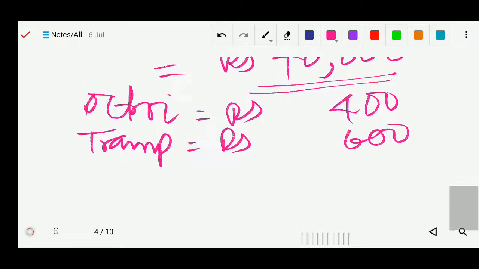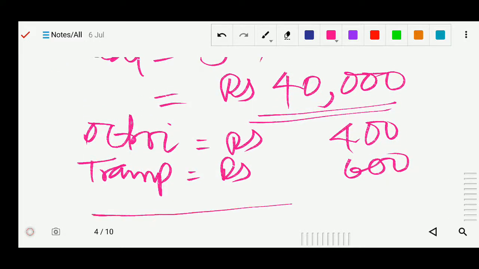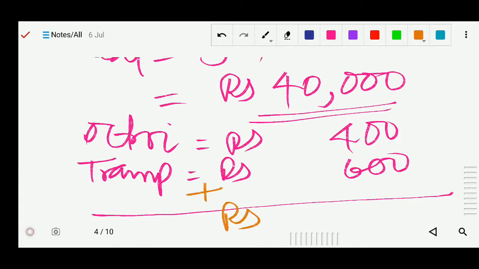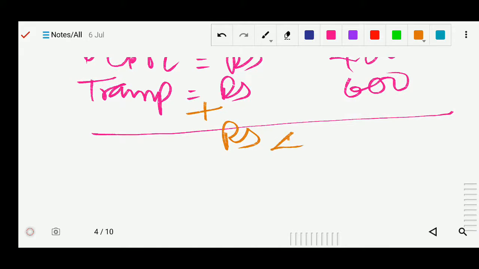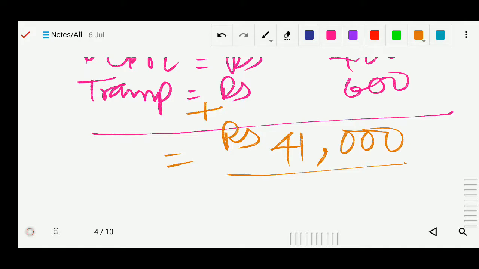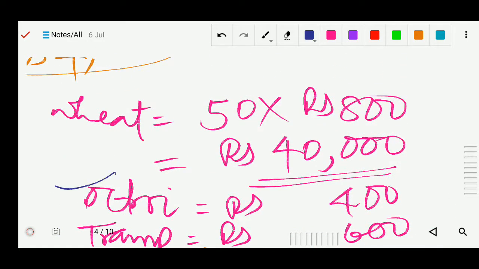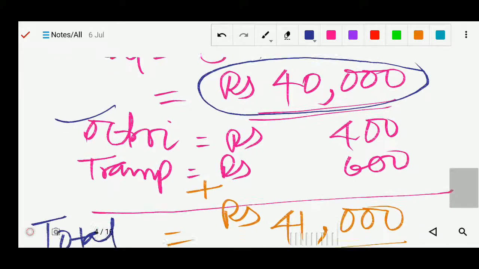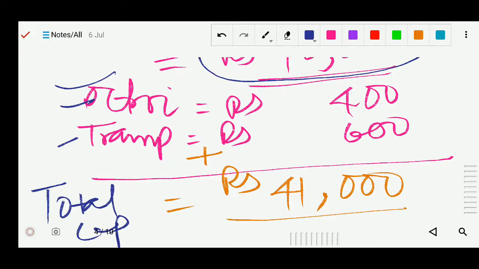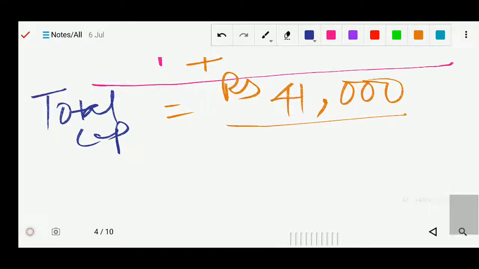Now all together we will add, because this will be the total, so you will get 41,000. This is the total cost, your total CP. It was the cost of 50 quintal wheat, plus the charges he paid, which we added here. Now the total cost we have is 41,000.